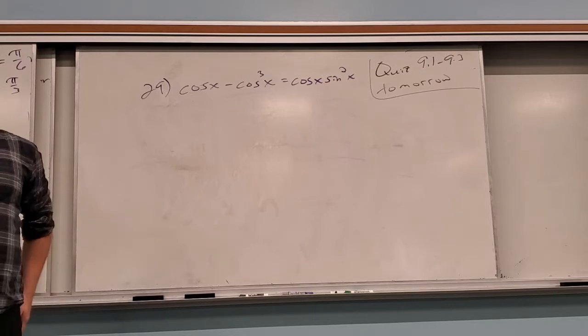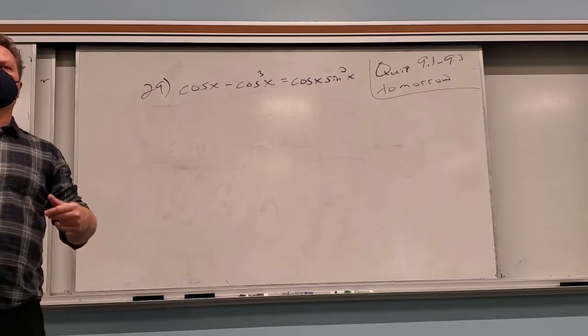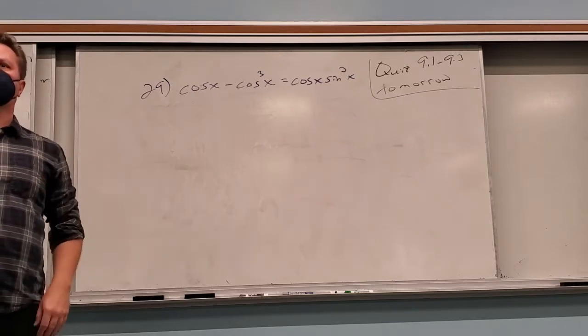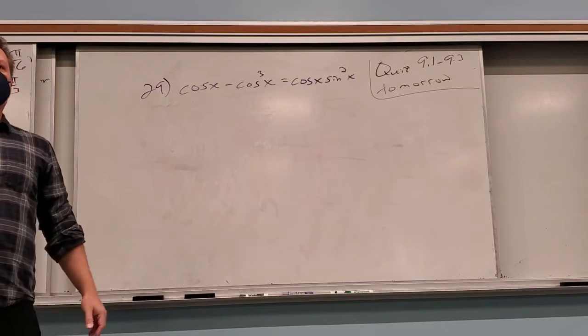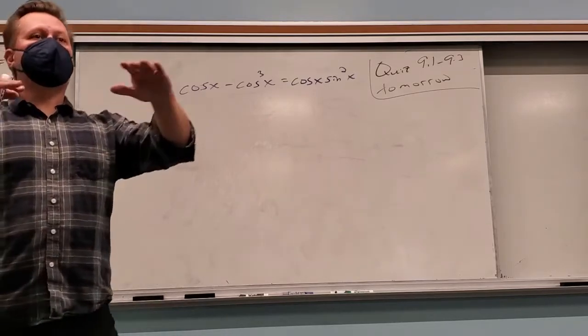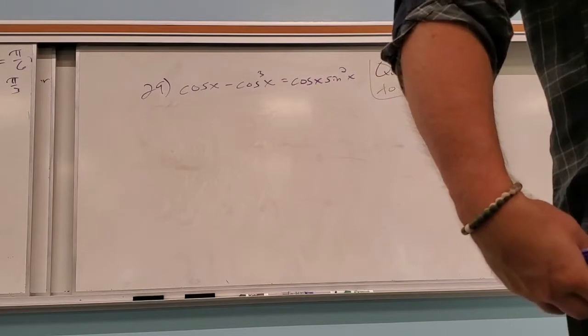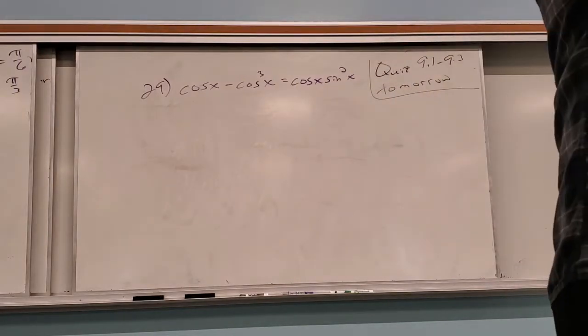Does anyone see something you can start doing to one of the two sides? So our identities, the most basic identities. Can somebody give me the most basic identity for trig? Sine squared plus cosine squared is 1.